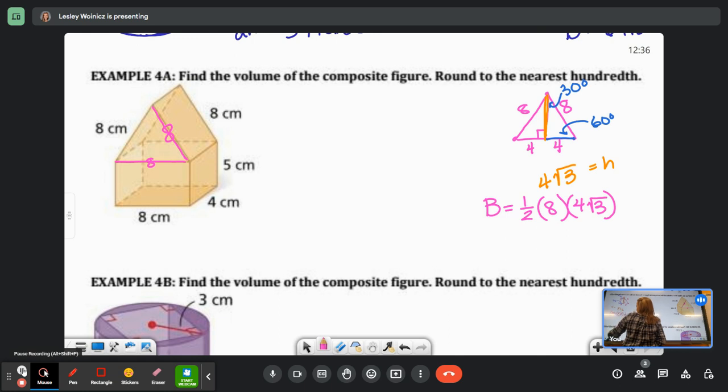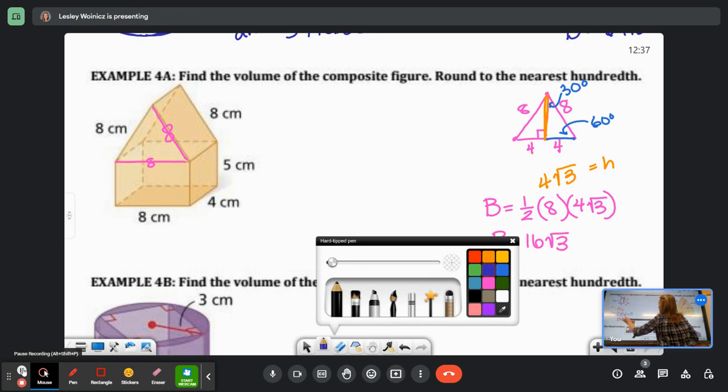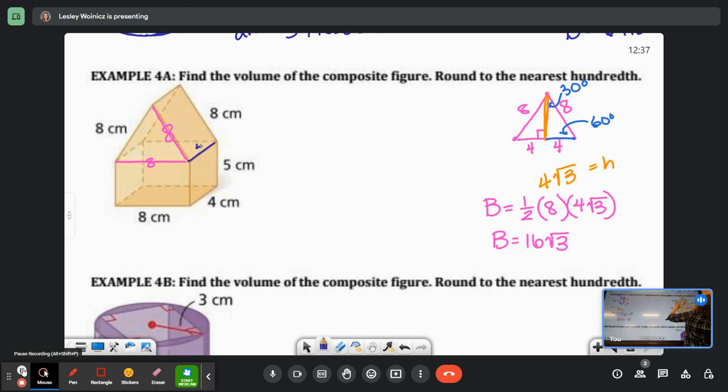So I'm getting 16 root 3 for that B. Okay, so the height of that prism is 4.